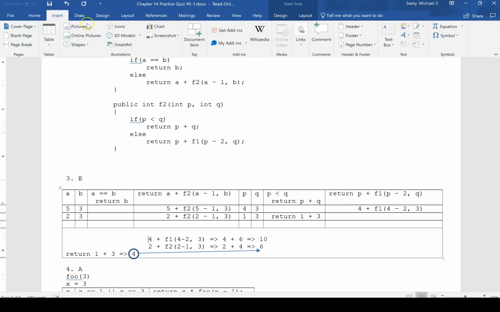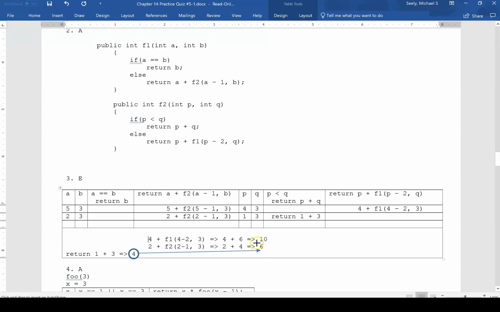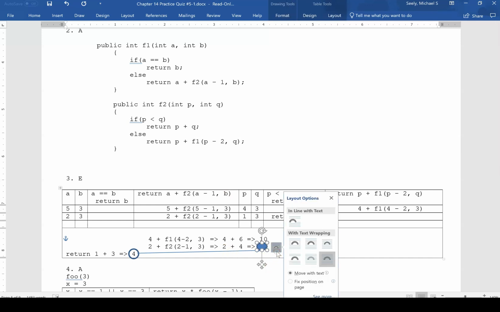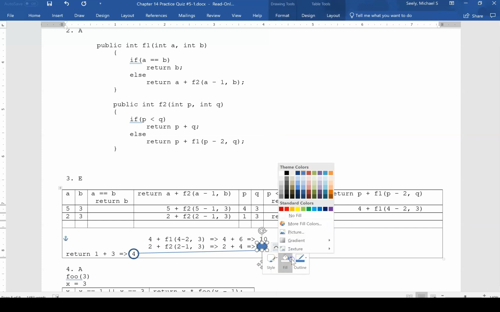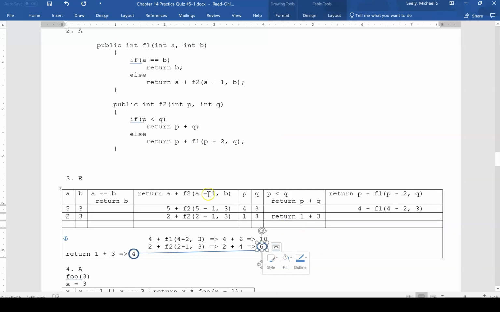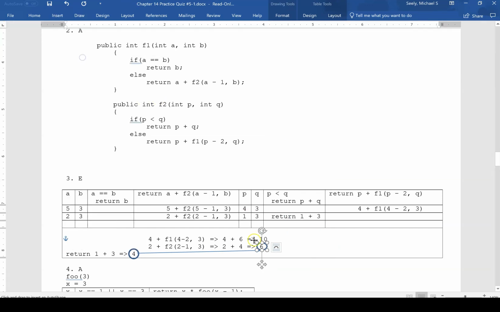And shapes. This 6 gets pushed right there.